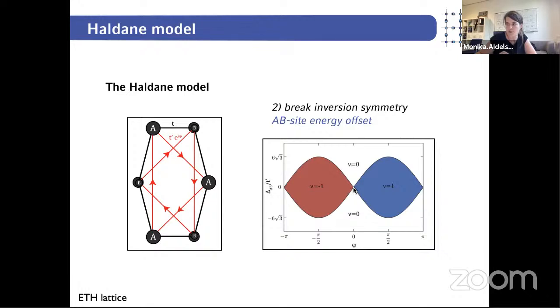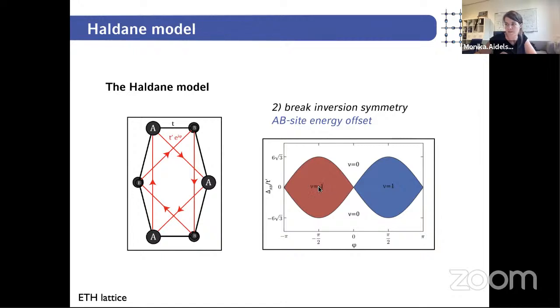Now, we could also look at what happens along the horizontal line. Starting from the central point, we can break time reversal symmetry by the circular shaking and explore this regime along the horizontal line. Again, in this red regime and the blue regime, a gap opens up at the Dirac point. But the sign of the Berry curvature at one of the two points flips, such that if you integrate the Berry curvature over the full Brillouin zone, you will find that now you have bands with non-zero Chern number.